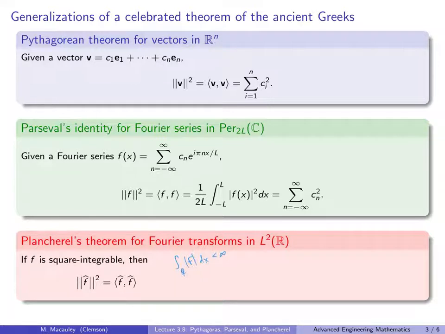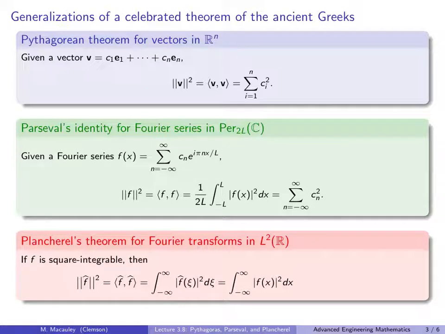Then the norm of the Fourier transform of f squared, which by definition is the inner product of f hat with f hat, we also have a definition of that in terms of an integral. That's just the integral over the real line of |f hat(c)|^2 dc. And when I say squared, I mean norm squared, because it could be complex valued.